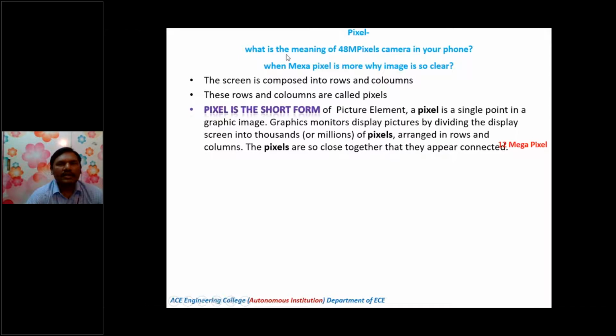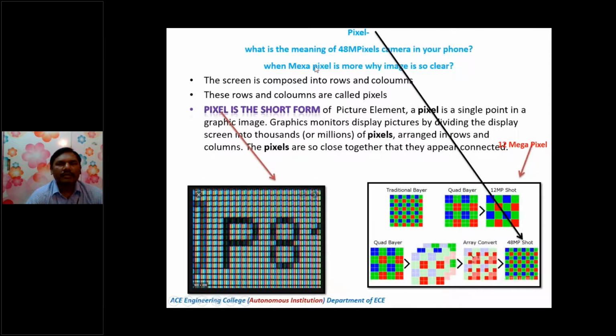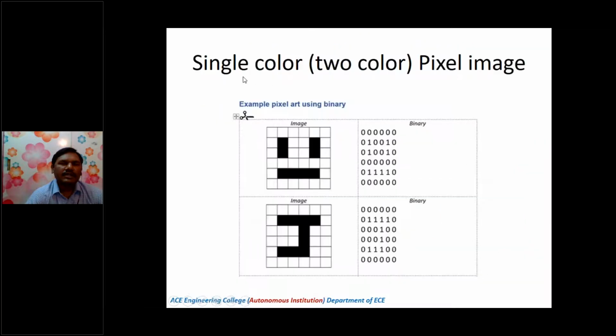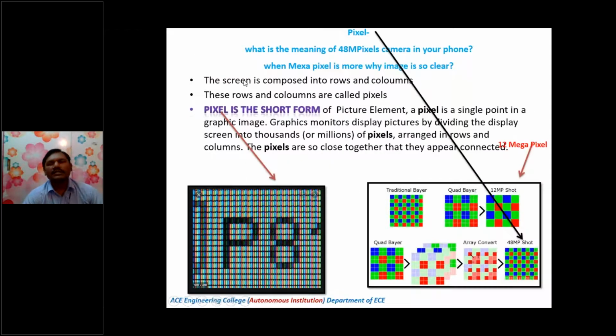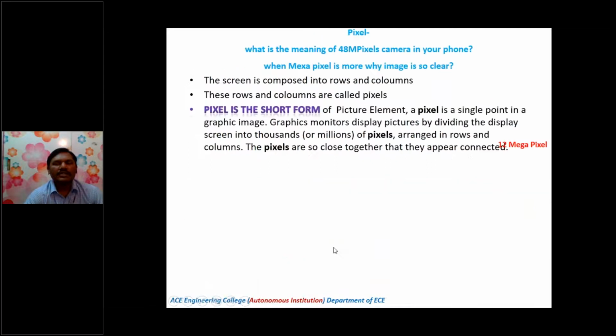What is the meaning of a 48 megapixel camera in your phone? When the megapixel count is higher, why is the image so clear? Because when we are shooting an image, it goes through the camera lens, and this screen is composed of rows and columns. These rows and columns are called pixels.